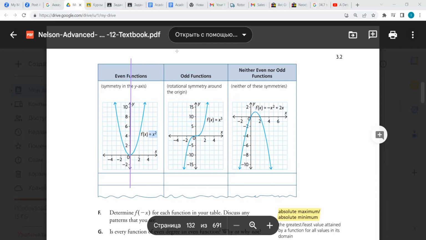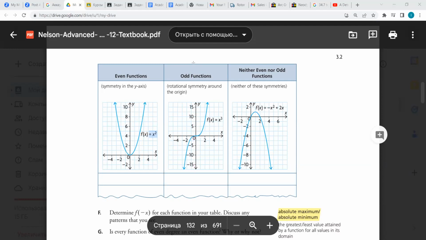So basically, you can imagine it as if a mirror was placed on the y-axis, and the curve to the left and right hand side will repeat itself, like a mirrored image. While odd functions have a rotational symmetry around the origin.